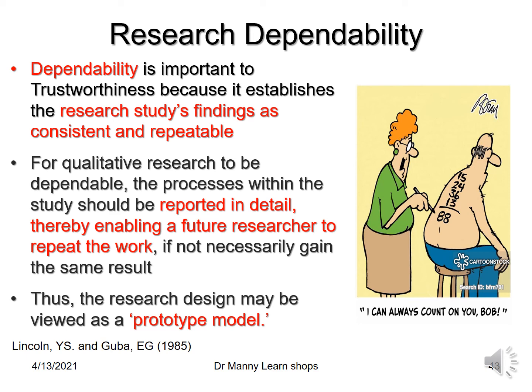That's your methodology. And by reporting it in detail, this enables future researchers to repeat your work. They may not necessarily gain the same result, but it provides them with a framework that they can follow as far as the research process goes.